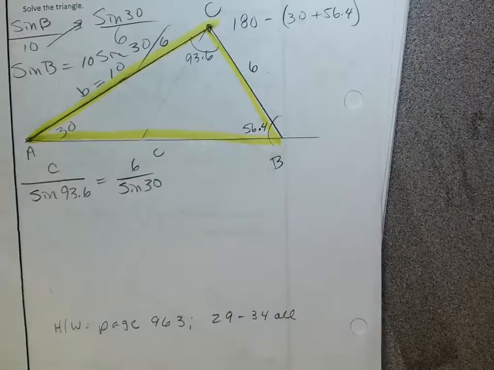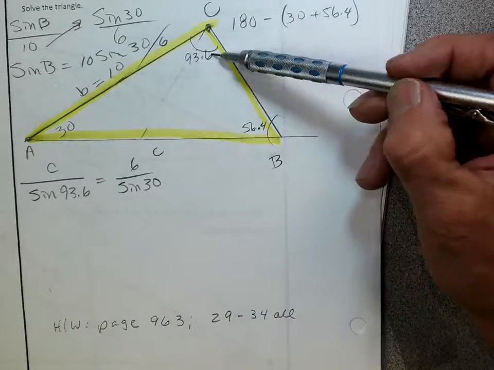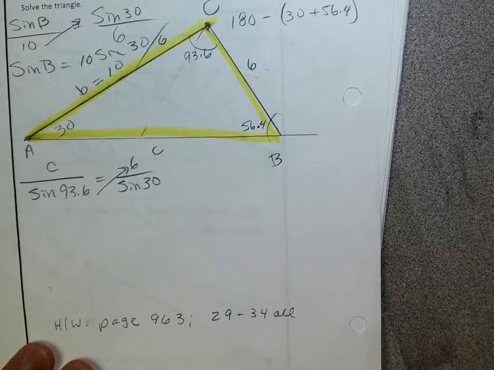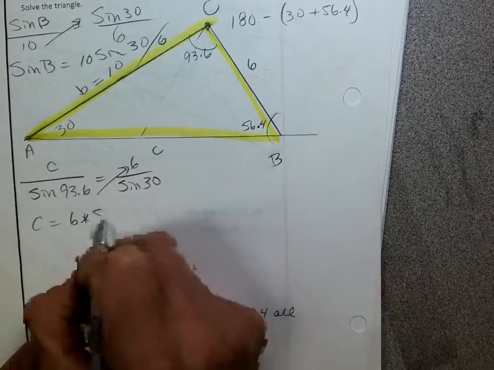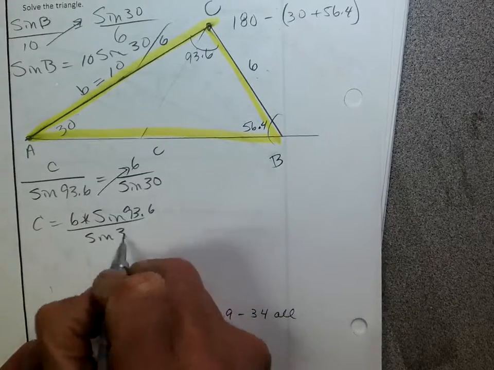Opposites: opposite c over the sine of that, opposite 6 over the sine of that. So if I multiply up the sine of 93.6, I'll have little c is equal to 6 times the sine of 93.6 over the sine of 30.